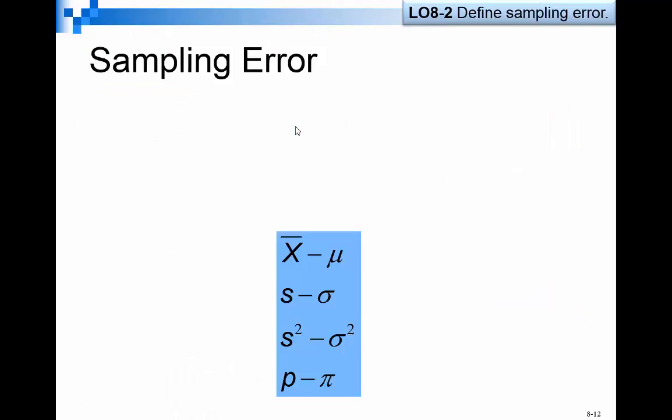Once we have the sample, then we can start our discussion of the margin of error and how it relates to statistical significance, and then how we can complete case study 2.